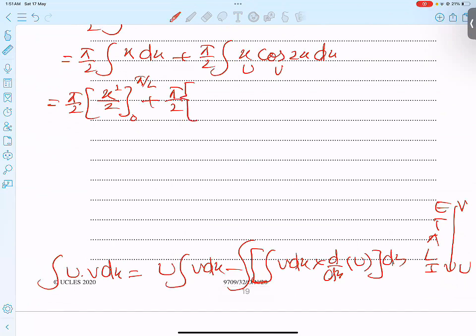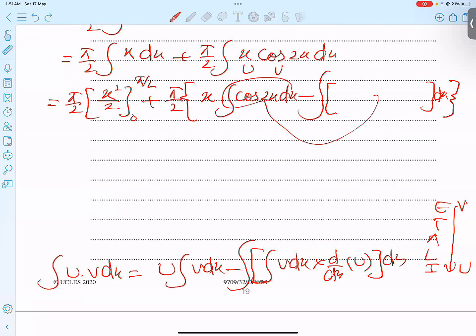Curly bracket starts and ends: U copy, integration of cos 2x is V, minus the big integral of, integration of cos 2x dx times derivative of x, and that will come later as 1.